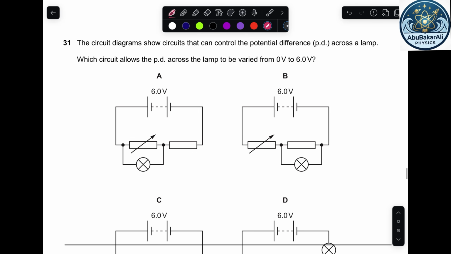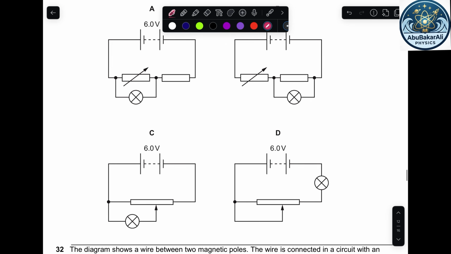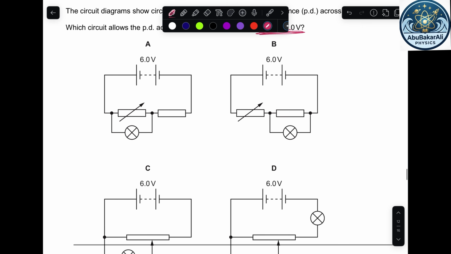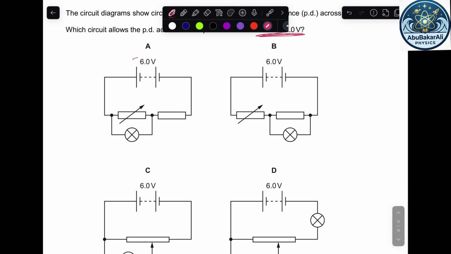Question 31. The circuit diagram shows circuits that can control the potential difference across a lamp. Which circuit allows the potential difference across the lamp to be varied from 0 to 6 volt? Okay, if you see in circuit A and B, the total voltage will be divided in this and this.